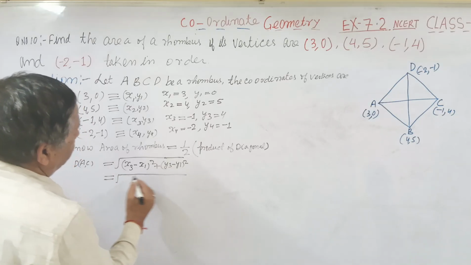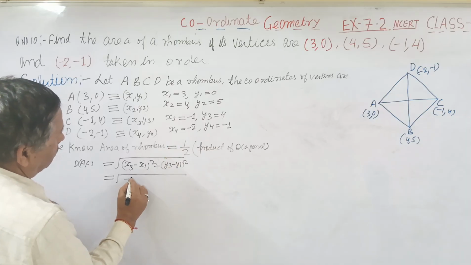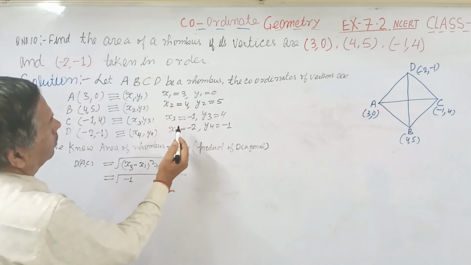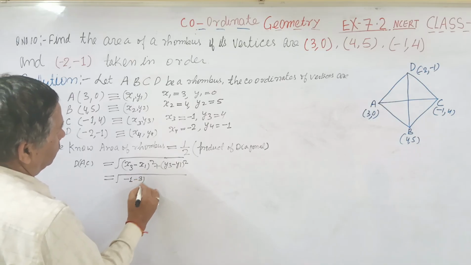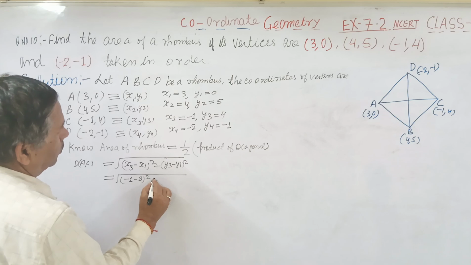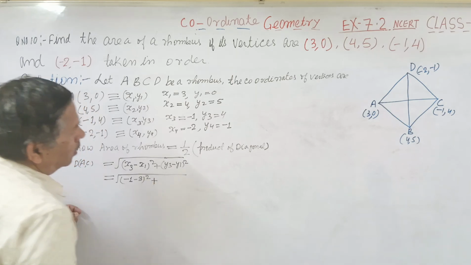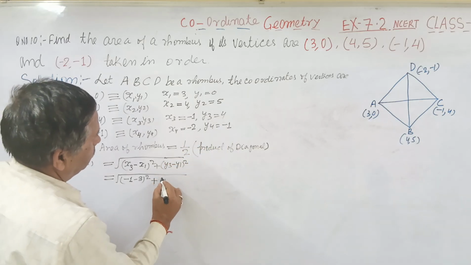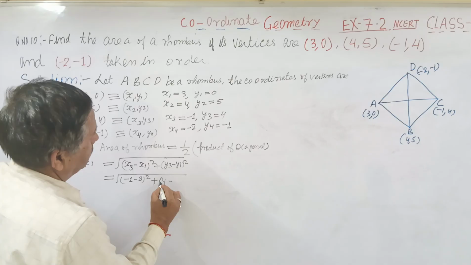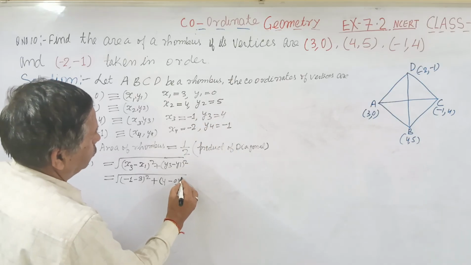I will put in the respective values. x3 we have is -1 and x1 is 3, so (-1 minus 3) whole square, plus y3 is 4 minus y1 is 0, whole square.